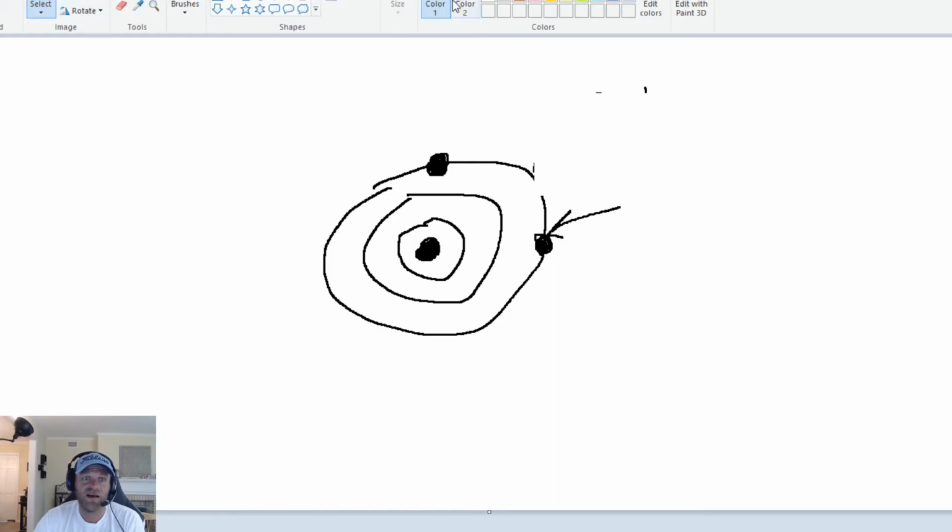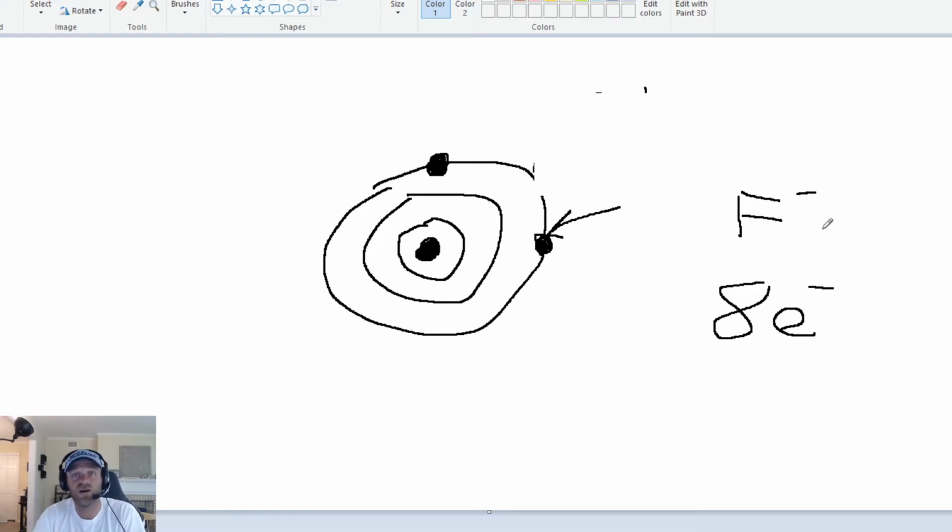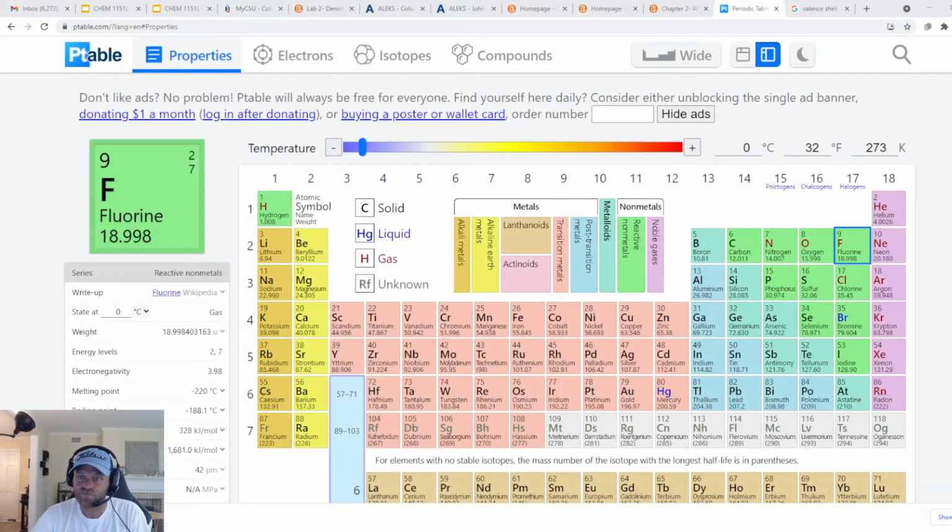I've added an electron to this outer shell, and it's made 8 electrons, but fluorine should only have 7 valence electrons. So that extra electron makes this fluorine negative. Remember we did the positive negative. If I have more electrons, it becomes more negative. If I have more protons, it becomes more positive. So you have to keep track of how many electrons it should have and how many it actually has. Okay, let's do another one.